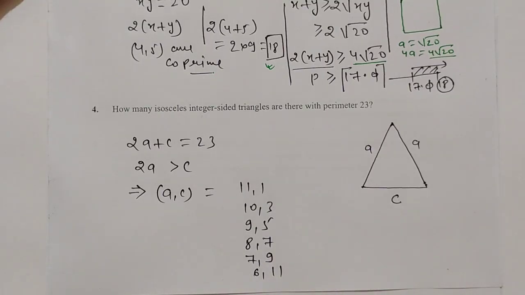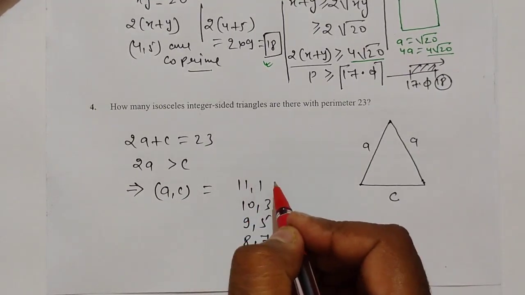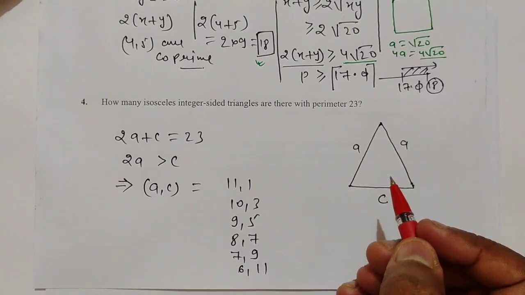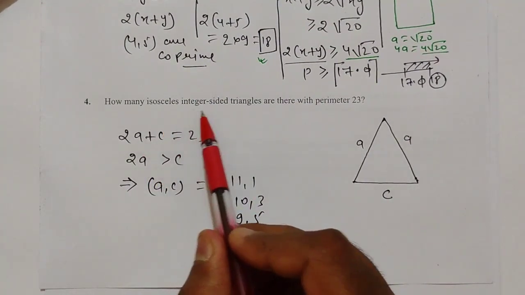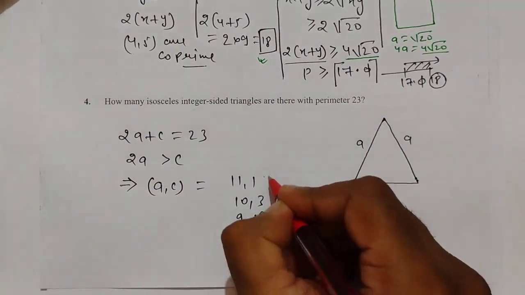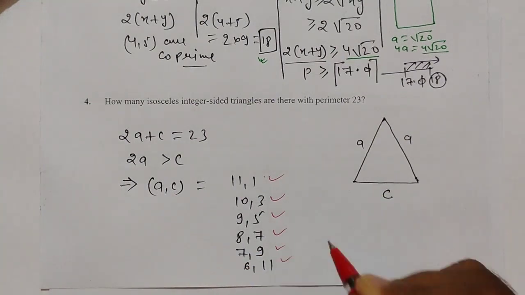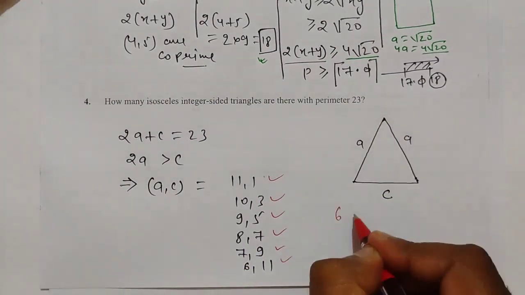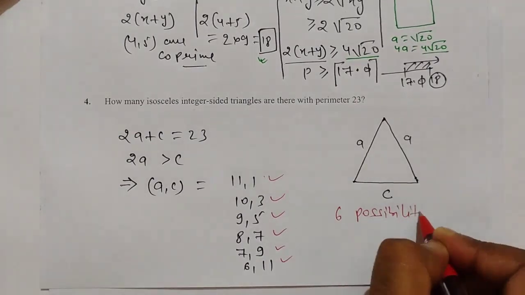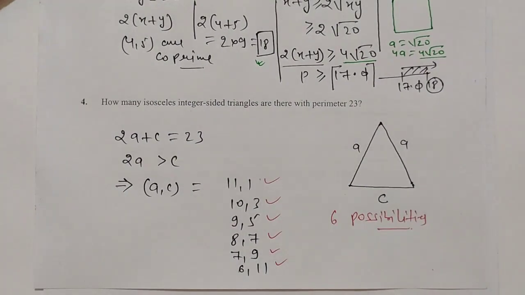So we have the total number of isosceles integer sided triangles as 1, 2, 3, 4, 5 and 6. So total 6 possibilities are here.